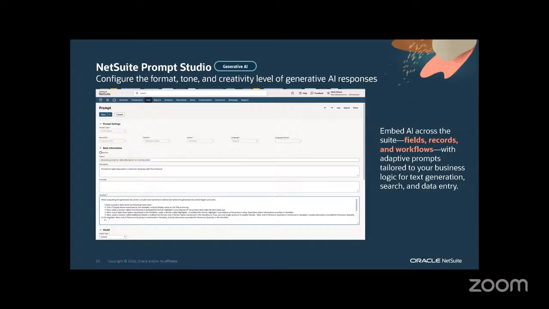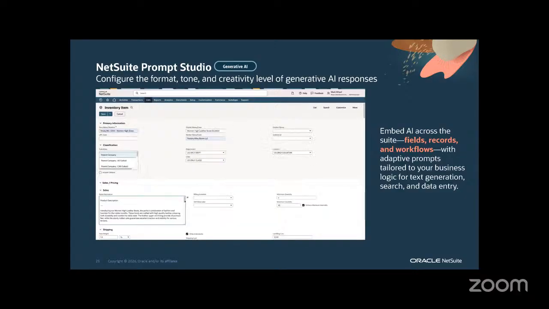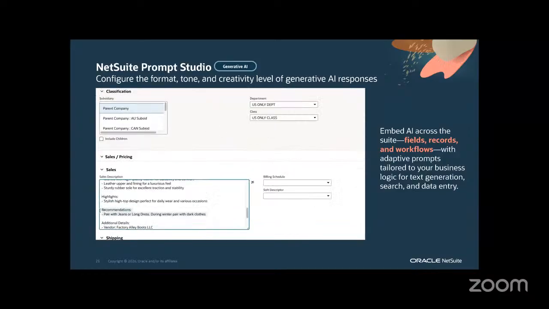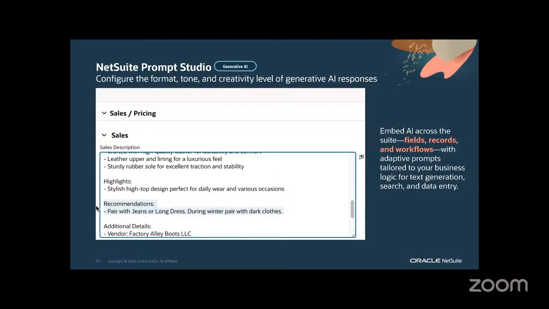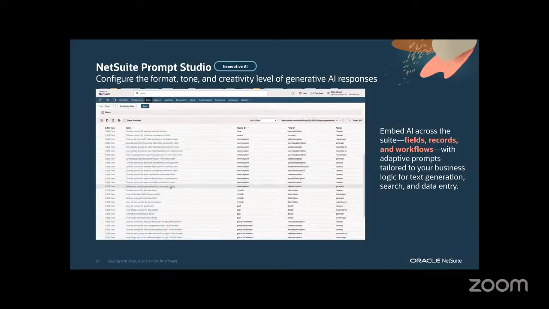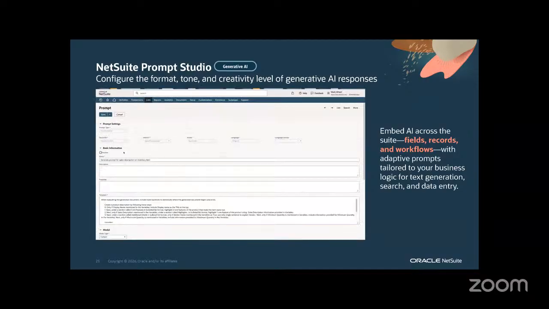But then on each of these prompts, you're able to specify the tonality, the format, maybe other fields on this record that you want to incorporate into your response, as well as how creative it can get with a response. Do you want more consistent, repeatable results, or do you want more marketing creative content that gets a little more fun in your language, right?